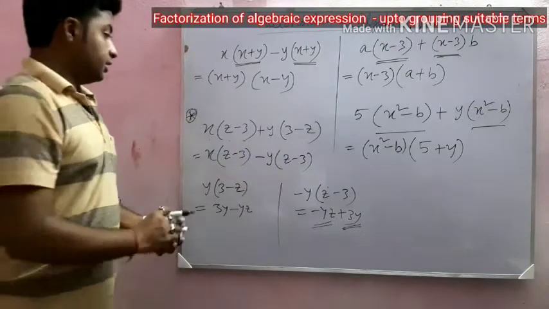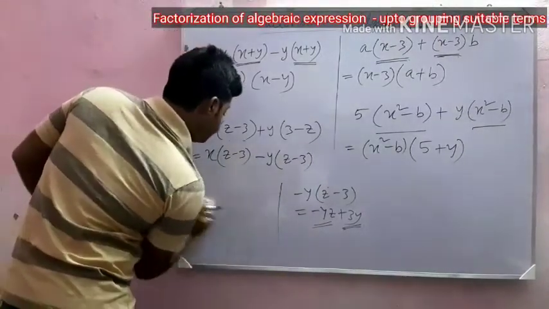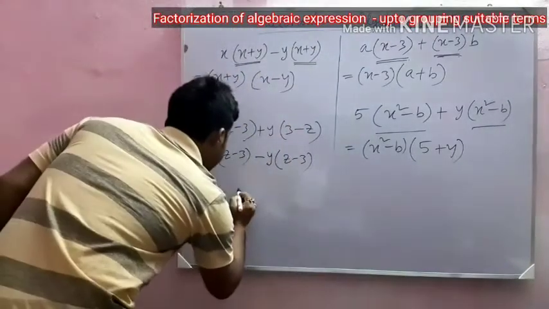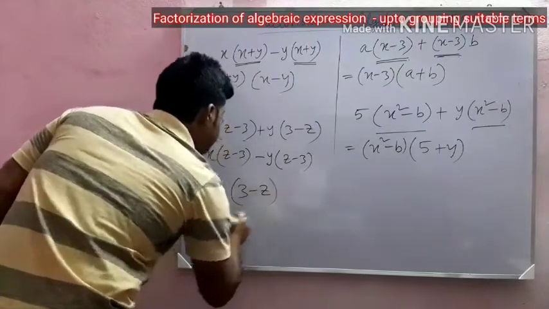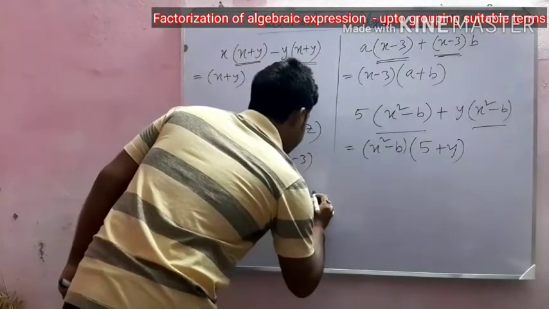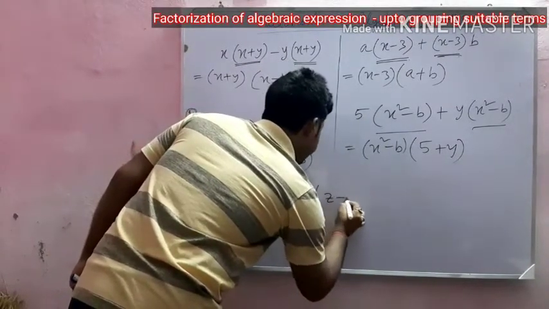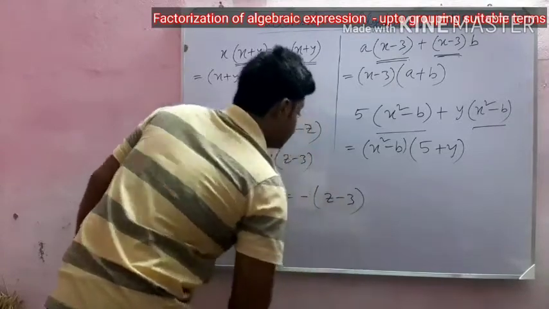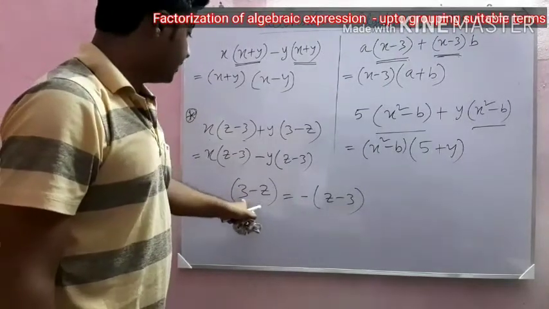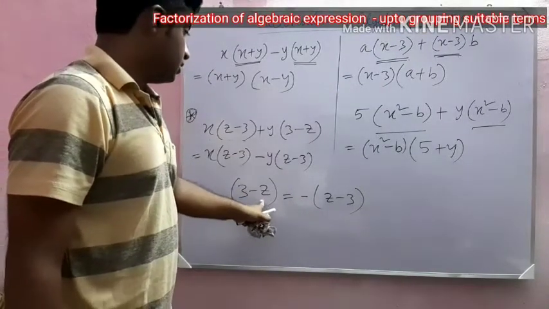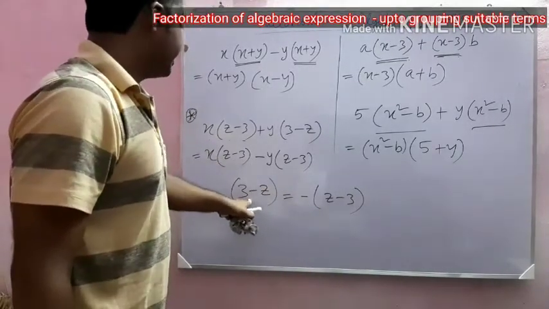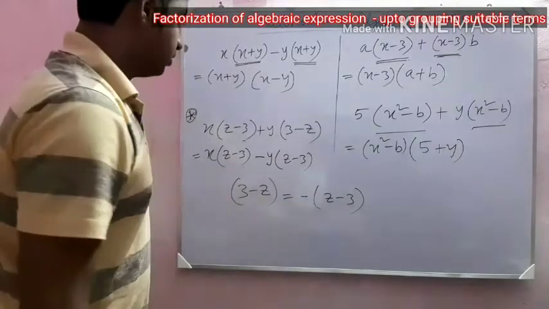In another way, suppose the term 3 minus z becomes minus into z minus 3. If we interchange the places of these two terms, there will be one minus at the front. This means taking minus 1 as common.